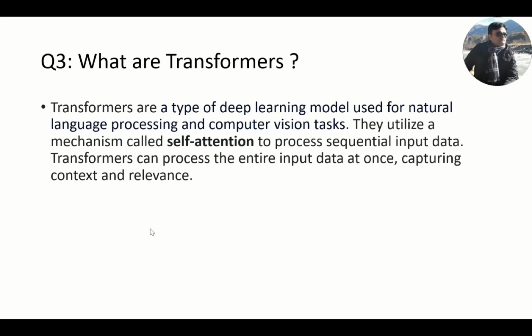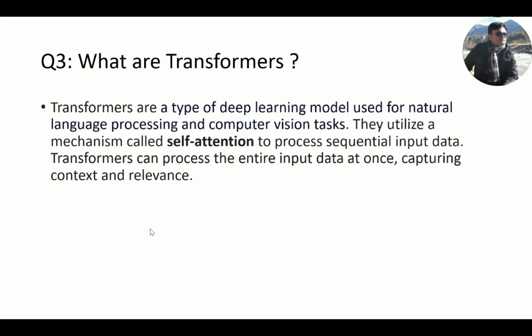A transformer can process the entire input data at once, capturing the context and relevance. Unlike an RNN, the recurrent neural network, which is the vanilla neural network architecture and was sequence to sequence, a transformer processes the entire data input at once.